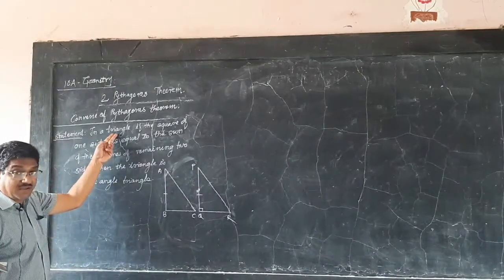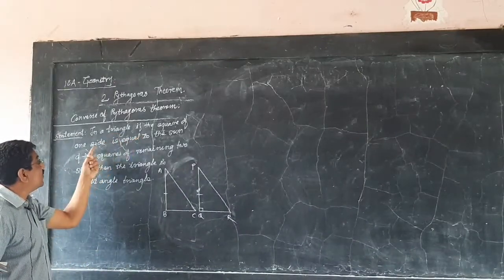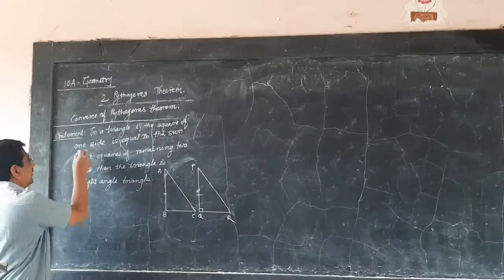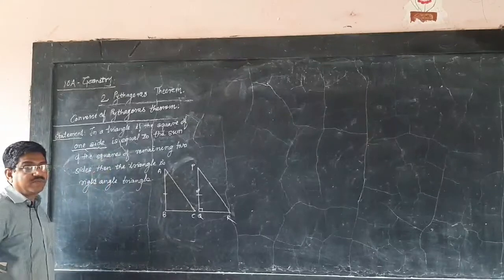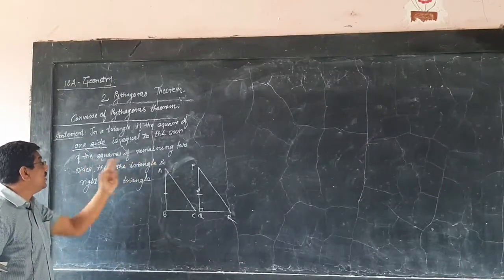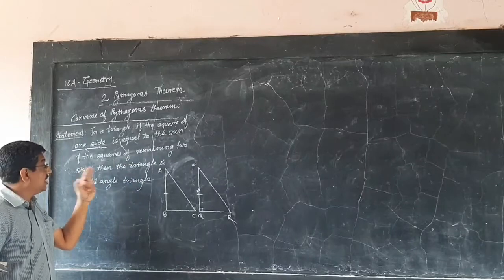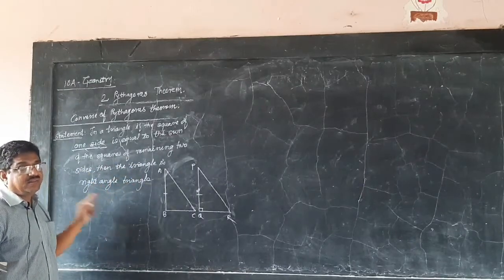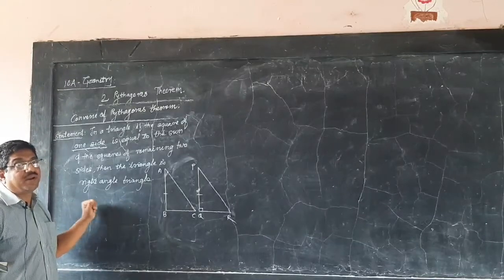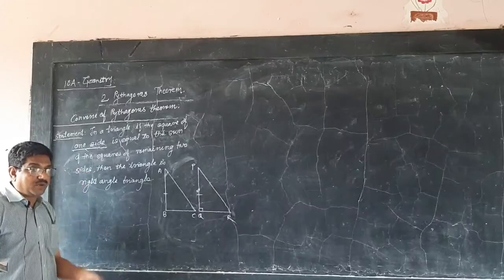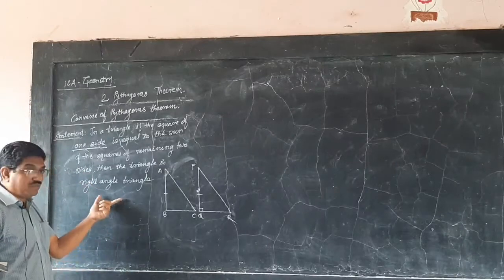In a triangle, if the square of one side, you can say the greater side, is equal to the sum of the squares of the remaining two sides, then the triangle is a right angle triangle. This property you have to use to find whether a given triangle is a right angle triangle or not, and therefore you have to use this property.